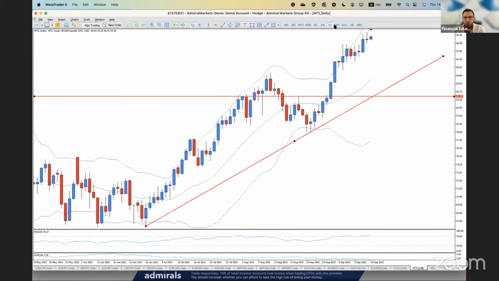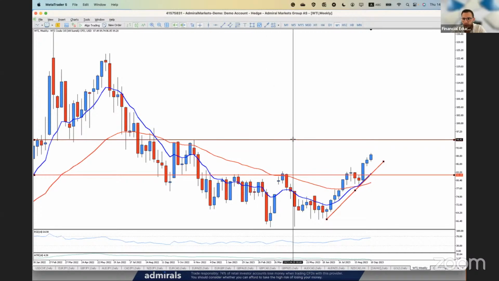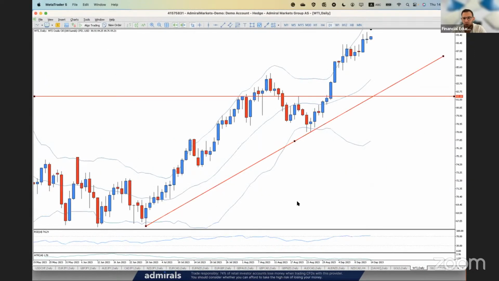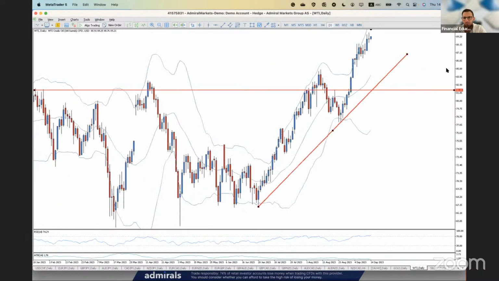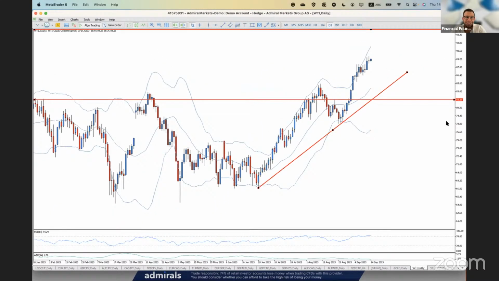WTI pushing higher and higher and higher. We marked $94 per barrel as the next area of resistance, and we expected the market to reach that level. On the daily chart, everything screams for buys. This is a very technical chart. It developed as a technical chart based on this market structure. Price made a higher high, so did the RSI. So there is a confirmation between the price and the momentum indicator.